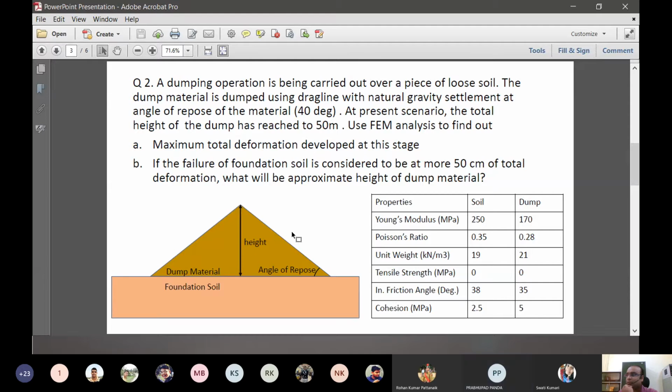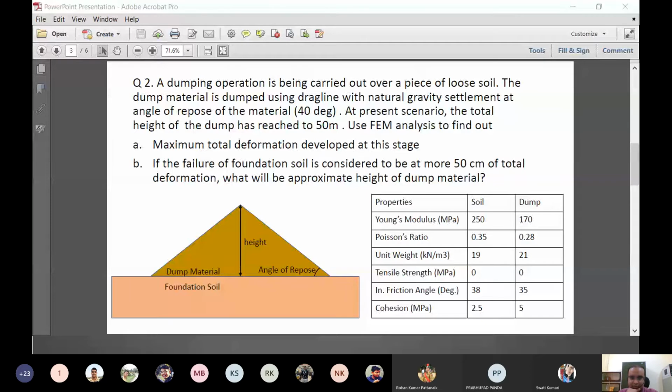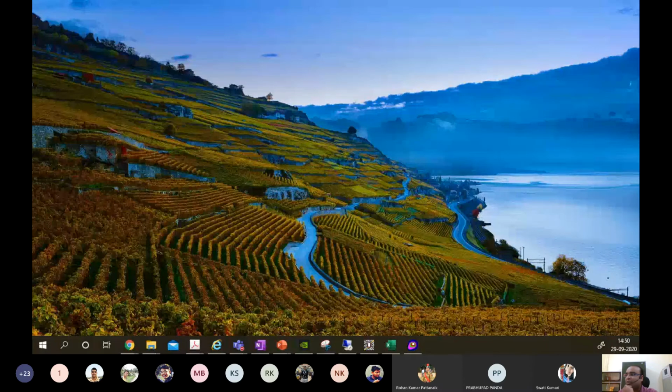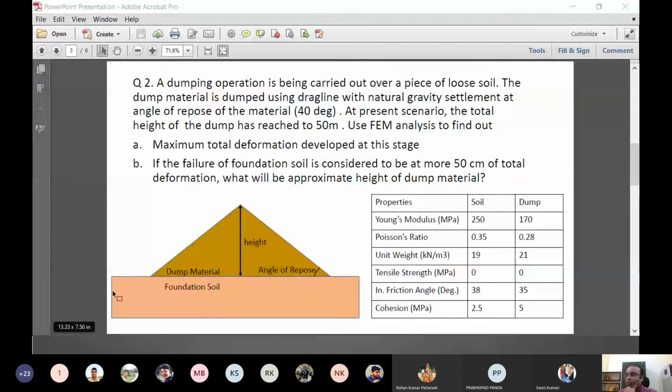Okay, sir. So try it. It is easy. I don't know if I have done that already, but basically you have to do it in 2 stages, so do remember to do that. The first stage will be only the foundation.